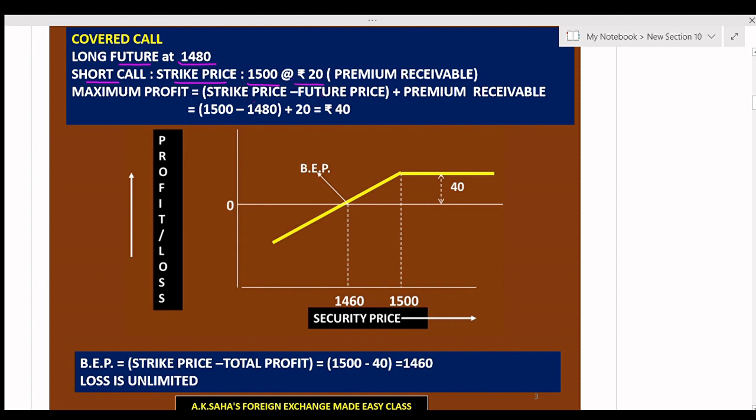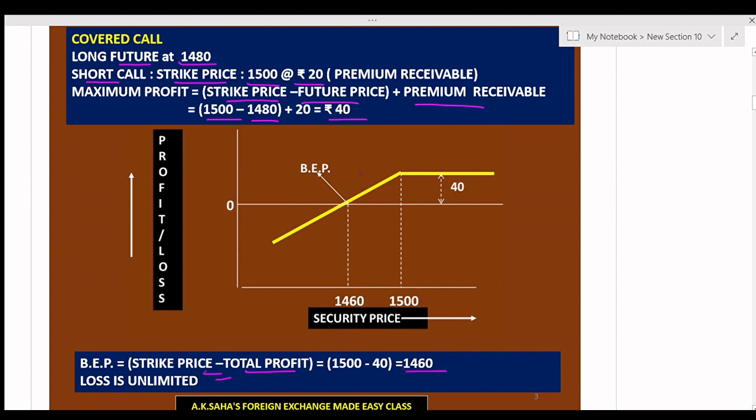Now the maximum profit is strike price minus future price plus premium receivable, which is 1500 minus 1480 plus 20, equal to 40. And BEP is future price minus premium, that is equal to 1460, and loss is unlimited.